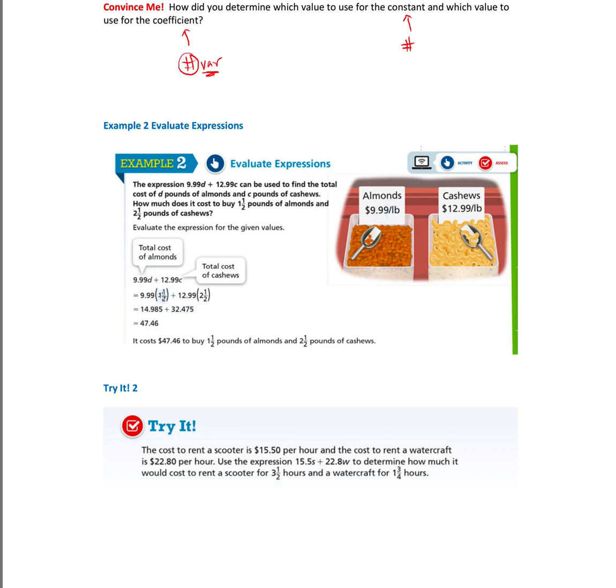So they put 1.5 in for the variable d, and then they put 2.5 in for the variable c, which is for the pounds of cashews at $12.99 a pound. So it's $9.99 a pound for 1.5 pounds of almonds, and it's $12.99 a pound for 2.5 pounds of cashews. And then this becomes a numerical expression.